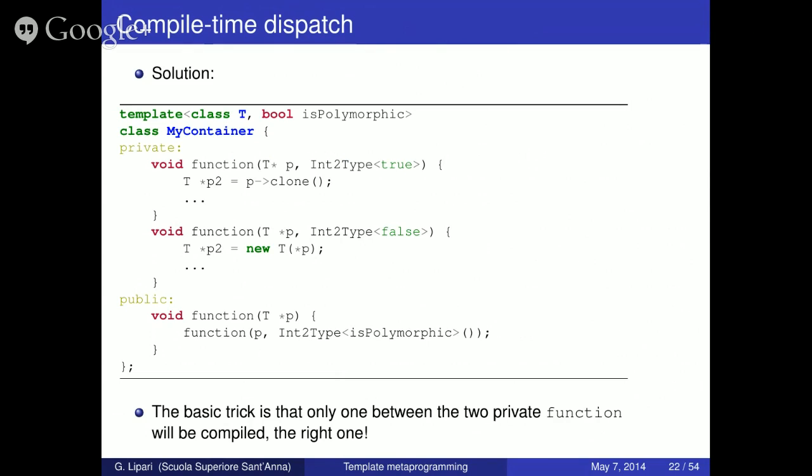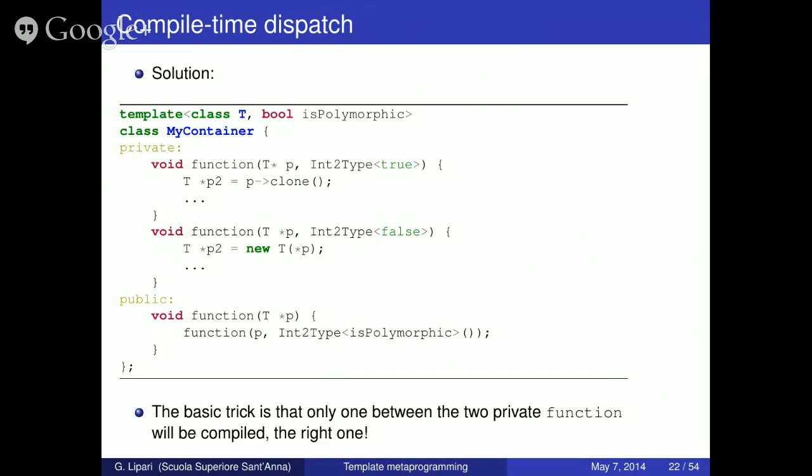So this technique is called compile time dispatch because it's very similar to having an if, but at compile time. So we are dispatching which function to call, which branch to execute, depending on a compile time constant. And everything is solved at compile time.